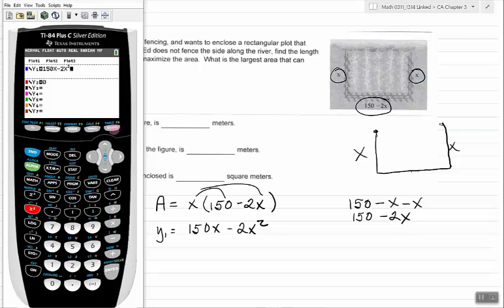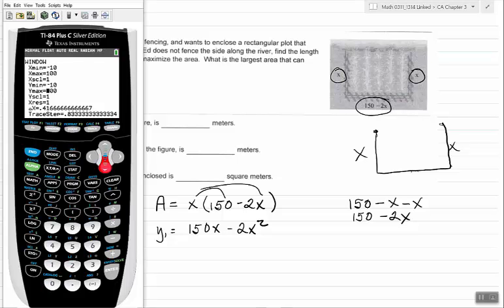I don't know what window I'm in. I'll just look. I'm certainly not in a good window. I saw it going up. I need to go up a lot in Y max, and I need to go over a lot in X max. So window, X max, I'm going to go out to 100.